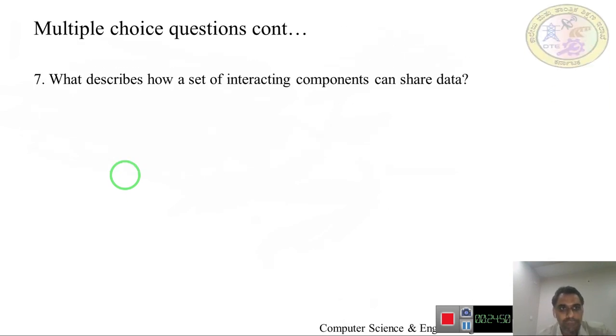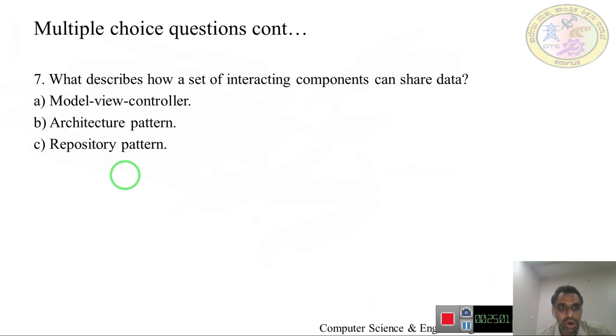Next question, what describes how a set of interacting components can share data? Okay, is it model view controller, or architecture pattern or repository pattern or none of the mentioned? So which one says that a set of interacting components share data? So just now we have learned, right? It is repository pattern.